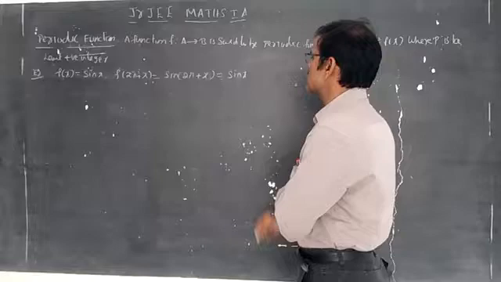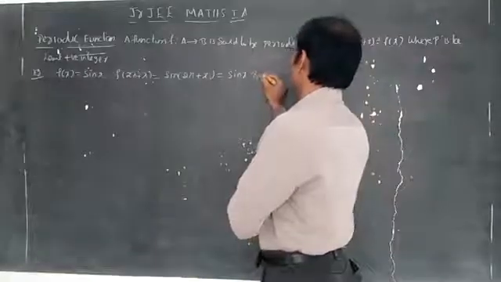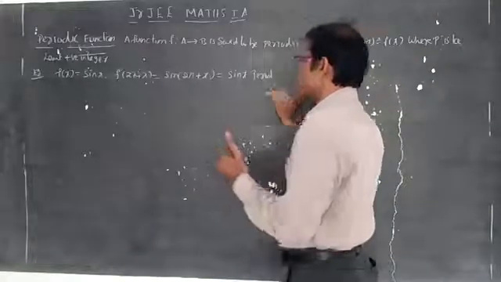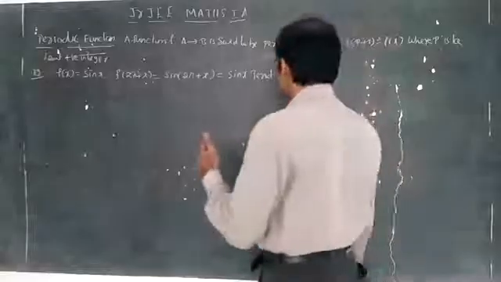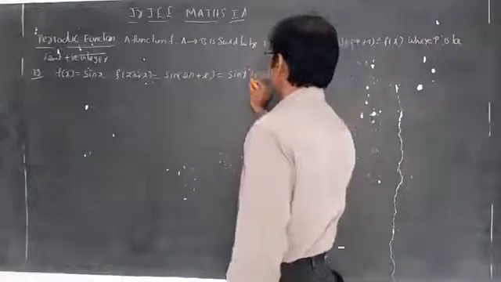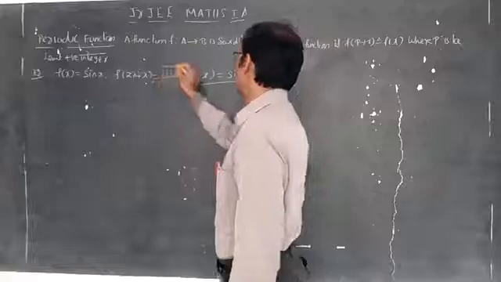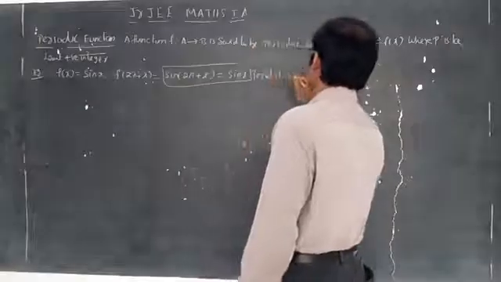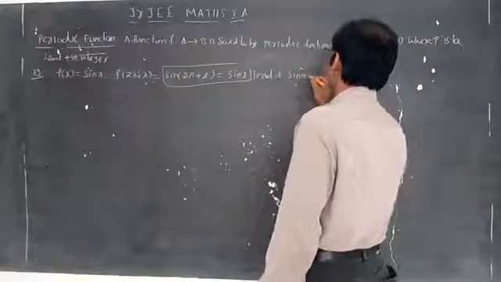So you can say that here I am discussing the least positive integer. Just wait. Sin of 2 pi plus x is equal to sin x because the period of sin x is equal to 2 pi.